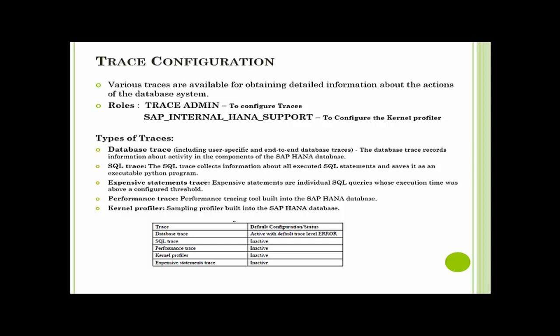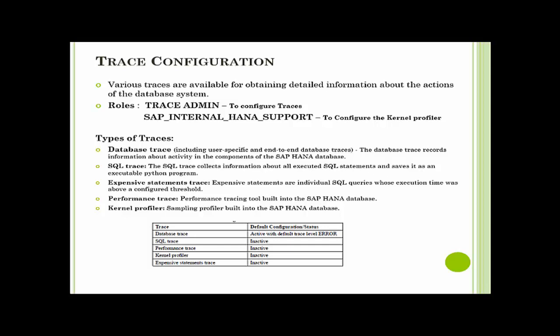To analyze various issues and performance, and also to help SAP support analyze and diagnose problems with the system, we can collect diagnosis information into a zip file, download it, and attach it to a support message to get proper support. There are various traces that can be activated, and the thresholds can be configured in the trace configuration tab available in the SAP HANA Studio.